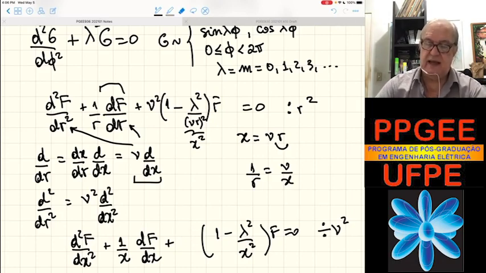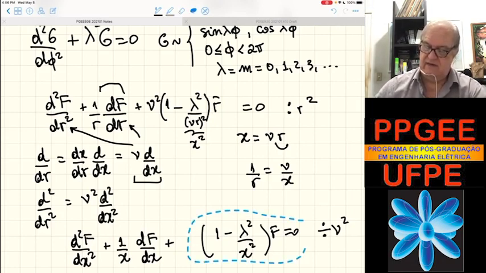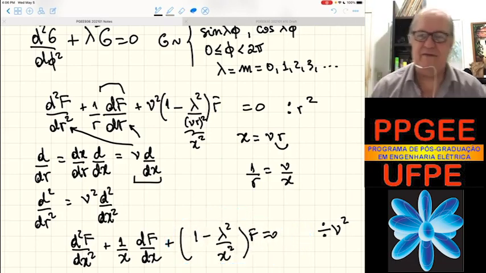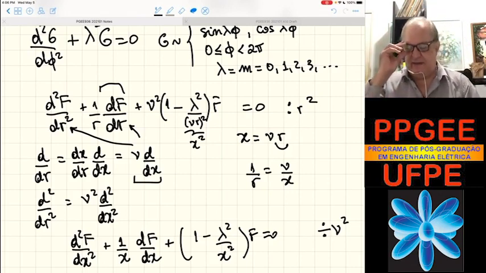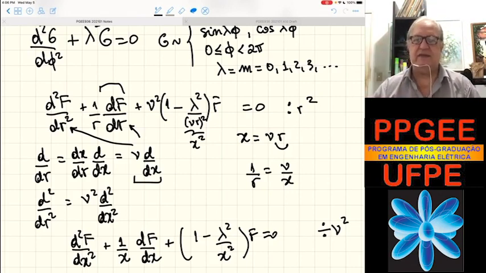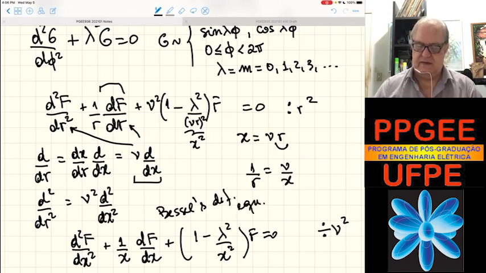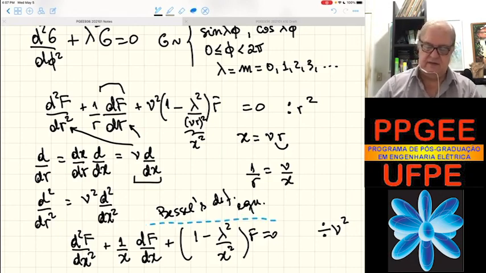So that's the equation we get, which is very well known by some people, not well known by everybody else, but by some people that work with those things. This is the very well known Bessel's differential equation. Okay? So how do we solve it? Let me pass to the next page here.